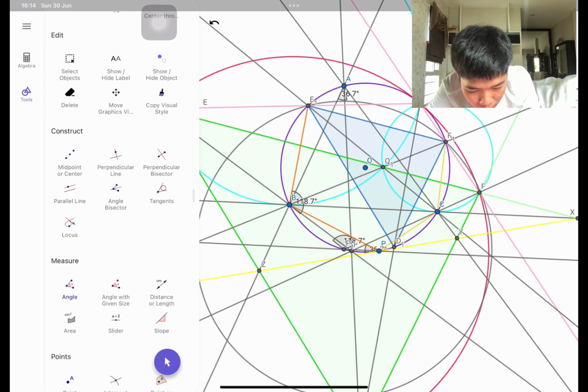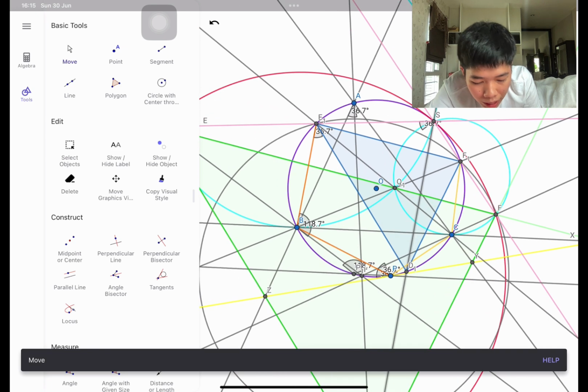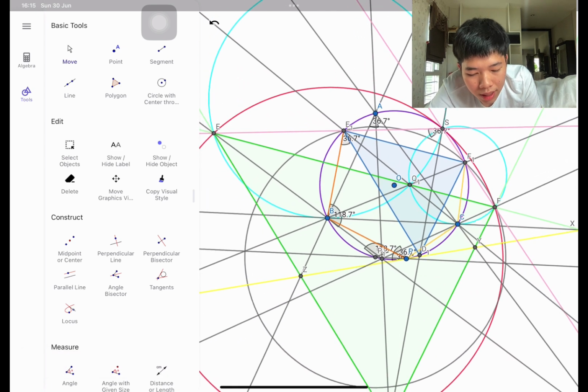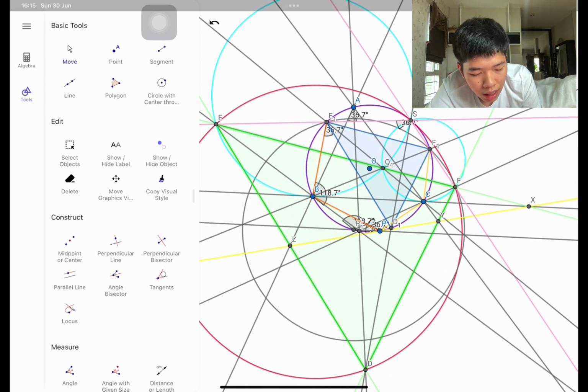∠BPC is equal to ∠BAP, also equal to ∠BE1P, equal to ∠E1PB, equal to ∠E1SB, right? We went all the way from ESB, traveled this far, and got to E1SB in the end. And this proves that E1 and S are collinear, right? And also F1 and S are collinear.